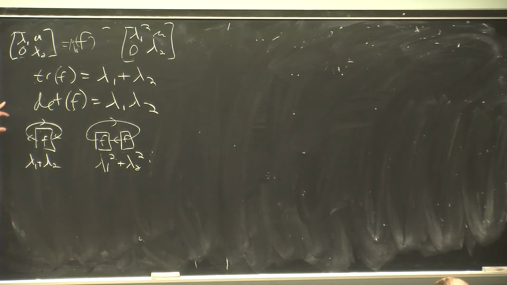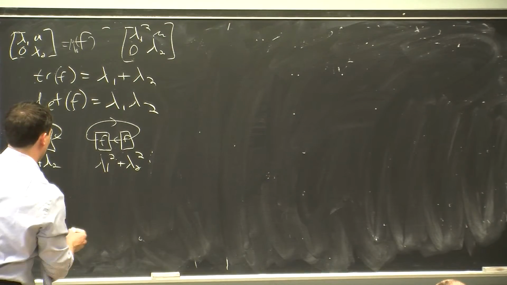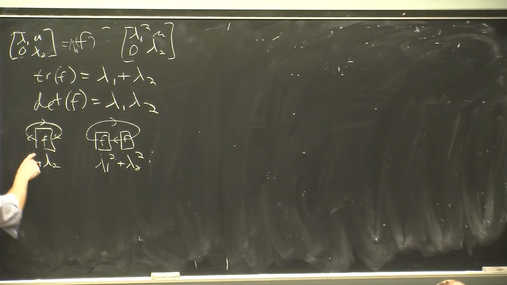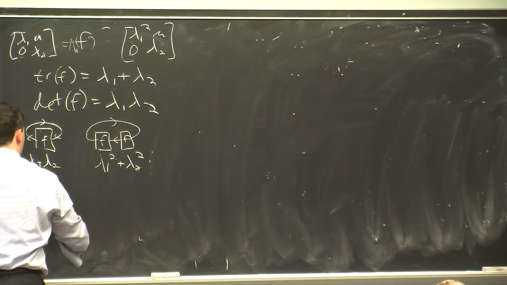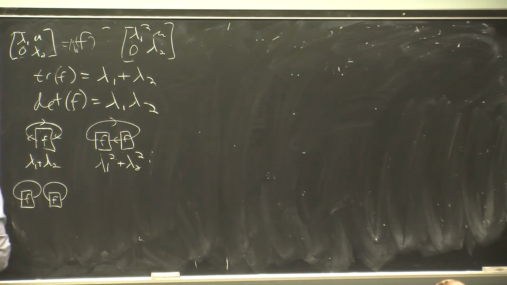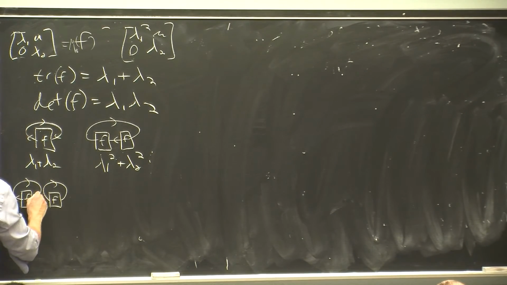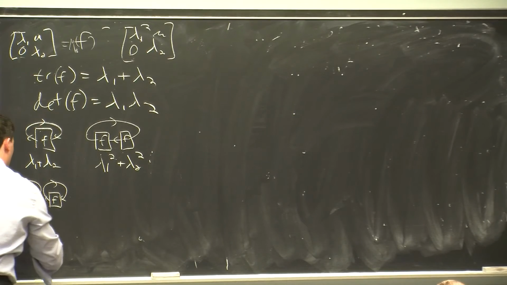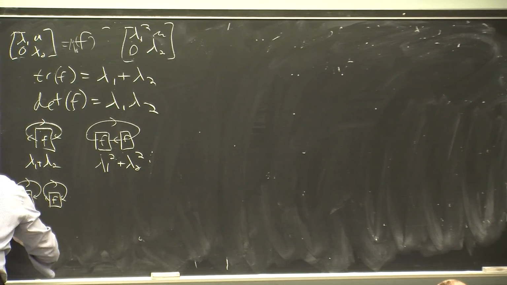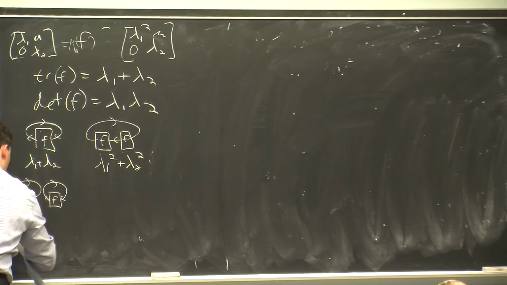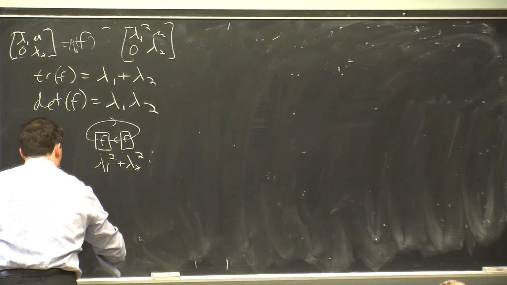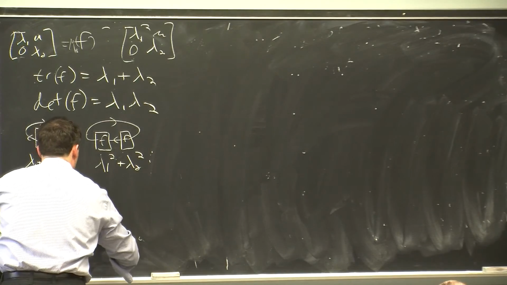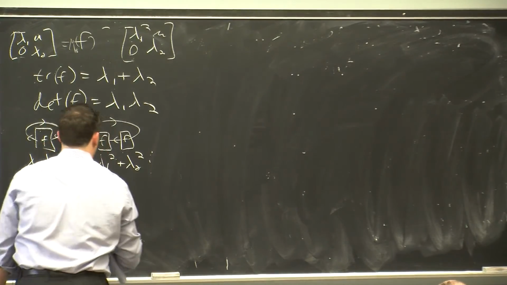So in order to get out the determinant, in the case of a 2 by 2 matrix, I have to square this. So if I do F times itself, I get lambda 1 plus lambda 2 squared, which is lambda 1 squared plus 2 lambda 1 lambda 2 plus lambda 2 squared.